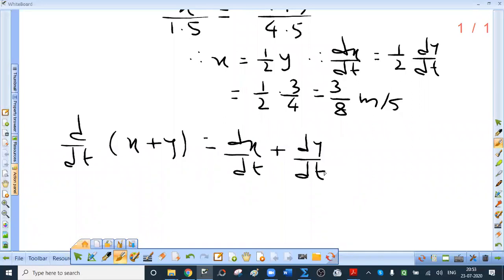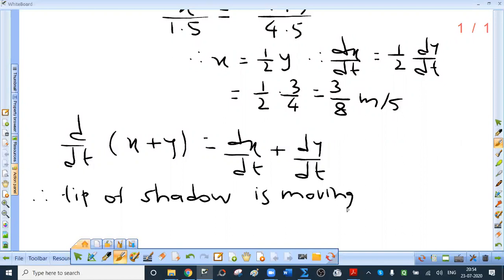Therefore, write down, tip of shadow is moving at, add the values.